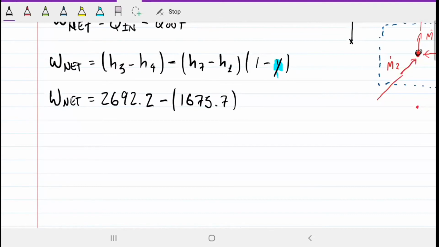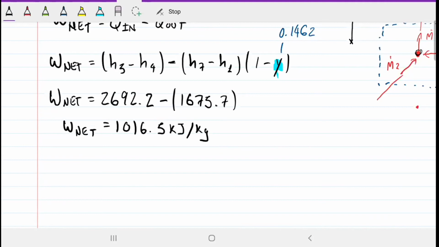They already take into account pi. So this term here is just found with 0.1462. So the net work of this Rankine cycle with regeneration is 1016.5 kilojoules per kilogram. Okay, so this is the difference between what goes in, Q in, and out, and it turns out to be about 1,000 kilojoules per kilogram.